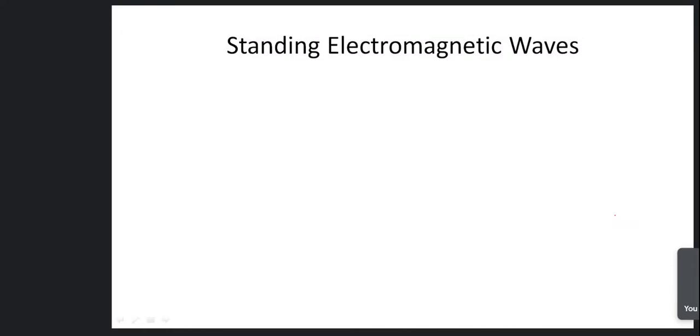Then we can also write standing electromagnetic waves. When we have two electromagnetic waves traveling in opposite directions, they superimpose, and the resultant is a standing electromagnetic wave. So for that, you have to write E1.